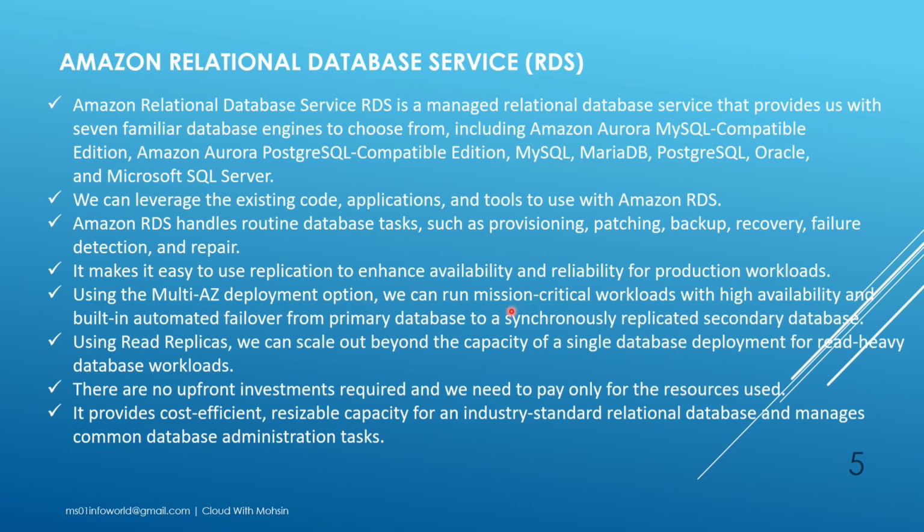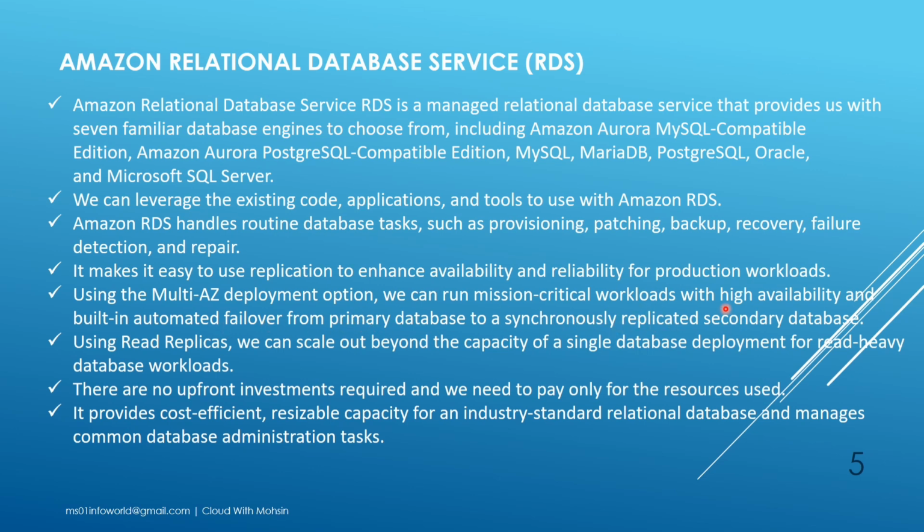So that can be used to run mission critical workloads with high availability and built-in automated failover from a primary database to a synchronously replicated secondary database. We can enable the replication so that in case of failure, say we want to fail over from the primary node to the secondary node, or vice versa, it needs to be synchronously replicated.